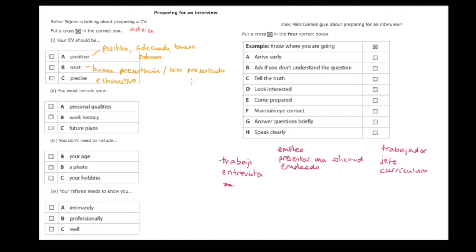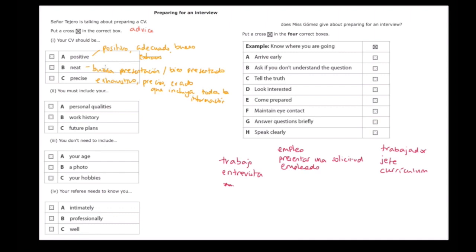And for precise, exhaustivo, and then we've got things like preciso, exacto, or other things like que incluya toda la información. Things like that are not an adjective, but a sentence that describes it.